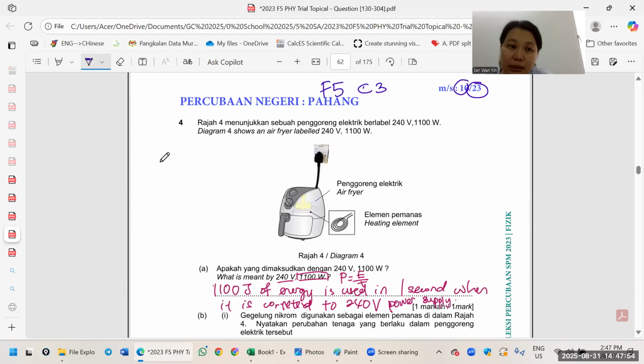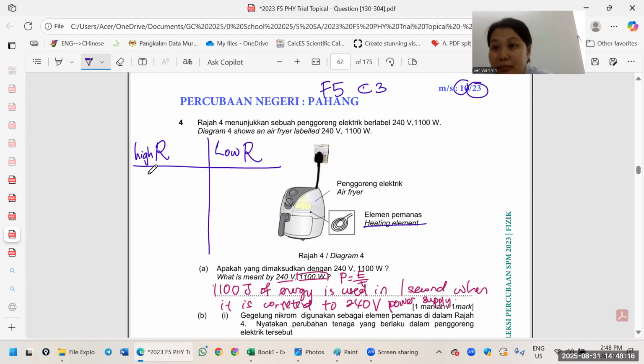We need to have two kinds of resistance, high resistance and low resistance. When do we use high resistance and when do we use low resistance? I believe all of you know, right? Heating element must use high resistance. Low resistance for connecting wire.